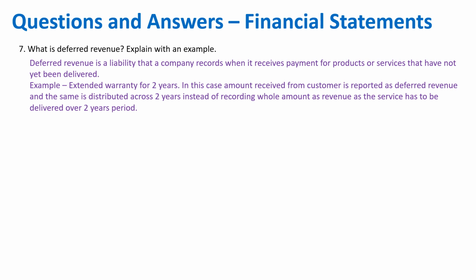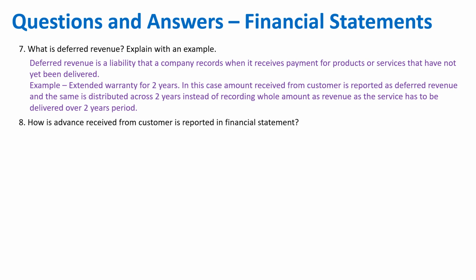Extended warranty for 2 years. In this case, the amount received from the customer is reported as deferred revenue and the same is distributed across 2 years instead of recording the whole amount as revenue, as the service has to be delivered over a 2 year period, right? Because it is covering 2 years, hence it has to be amortized and revenue will be recognized every month till the end of the period.